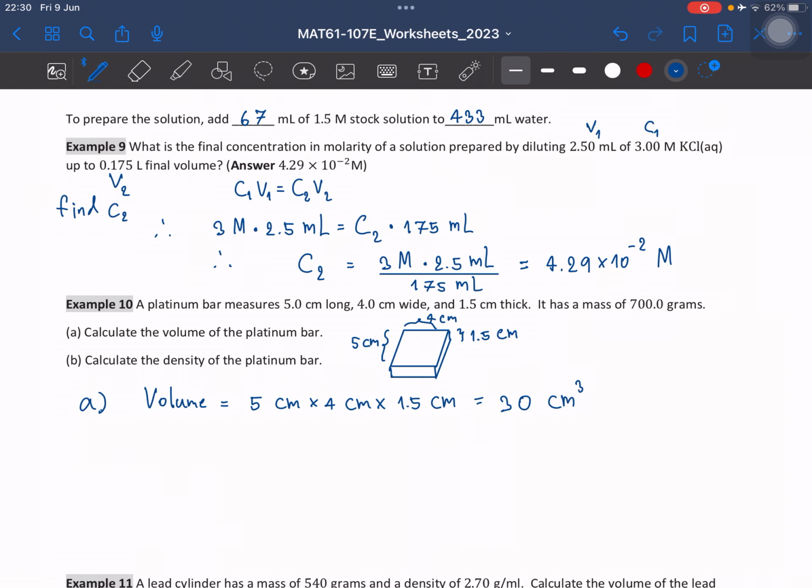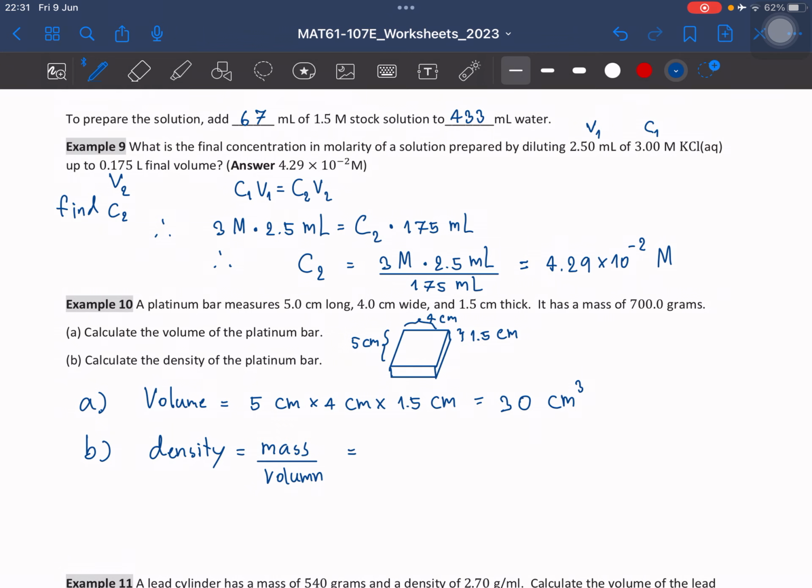Okay, and B: calculate the density. What is the density? The density is mass divided by volume.